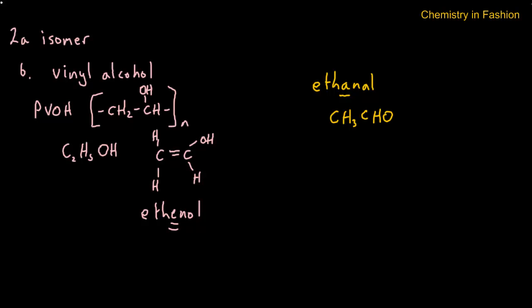And again, if we build this together, we can see that the structure will be like this. 3 H's, a double bond to the oxygen, and a single bond to the hydrogen.